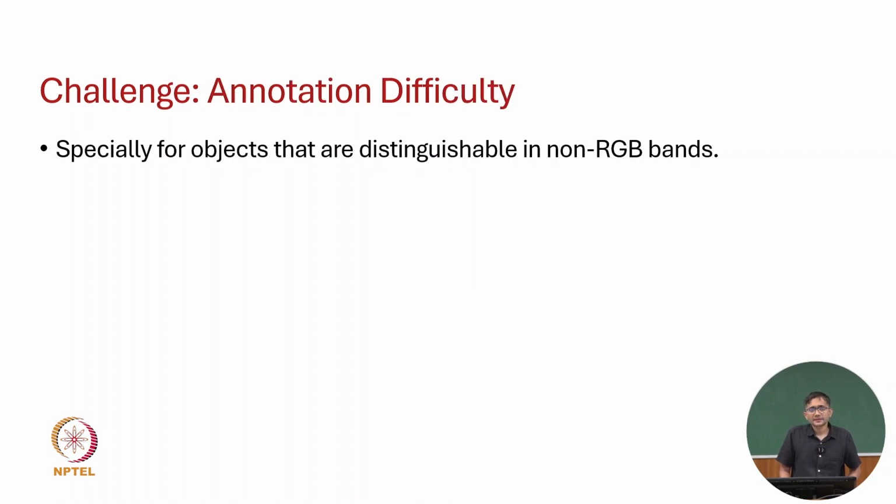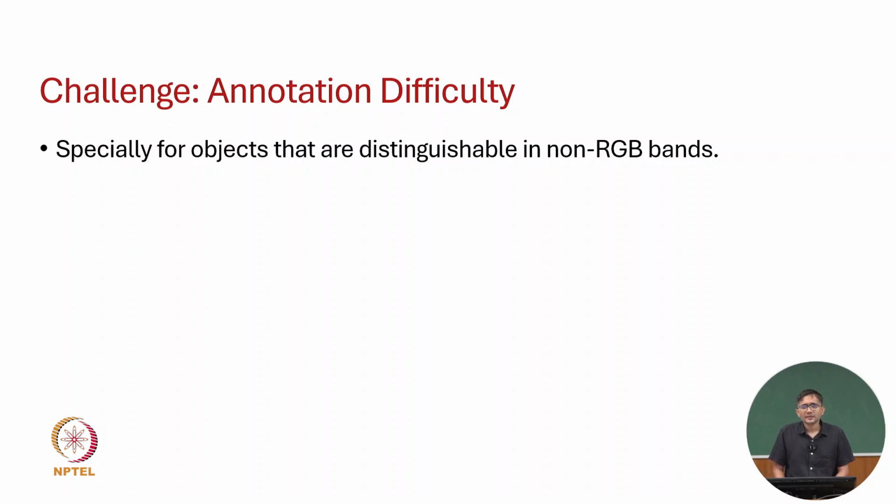One aspect to understand is that, let's say we are interested in annotating, okay, this is a building, and this is visible in the RGB bands already. Since it is visible in the RGB bands, of course, this is straightforward.